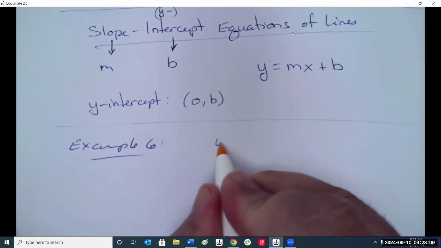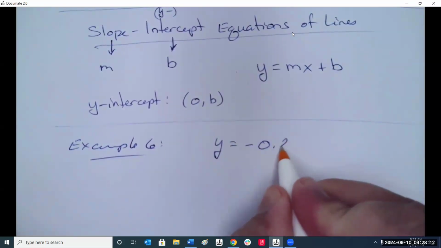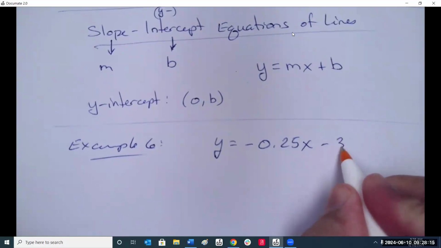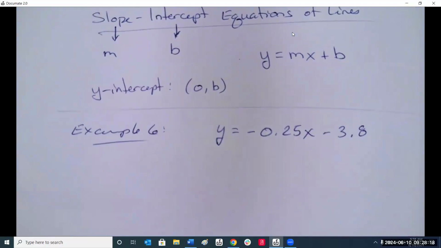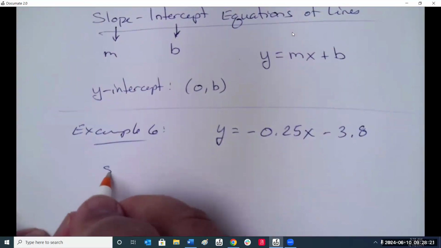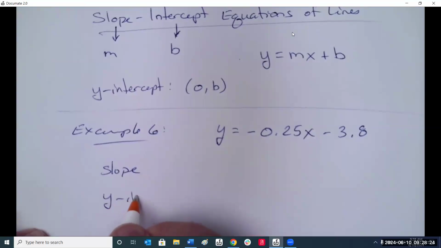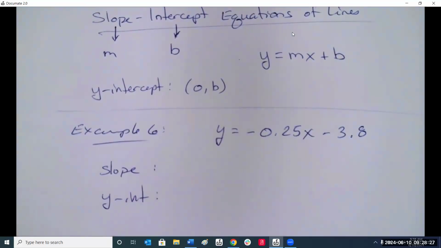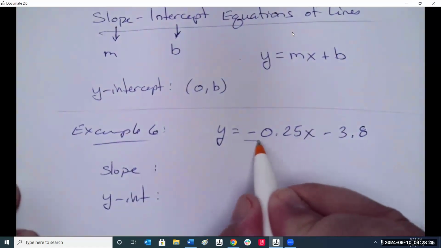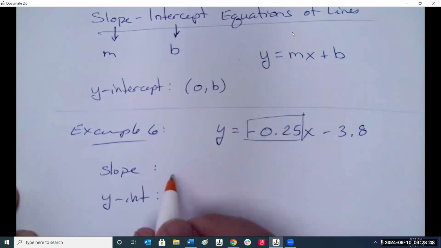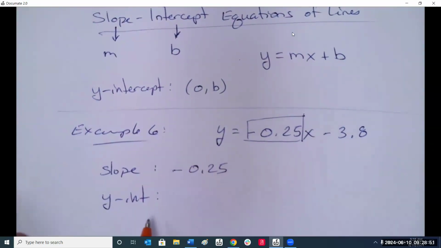So if I give you, like in example number 6, an equation like this, and I ask you the slope and the y-intercept, what would the answers be? What's the slope? Right. The slope is whatever is in front of the x, which is negative 0.25. Very good. And the y-intercept?